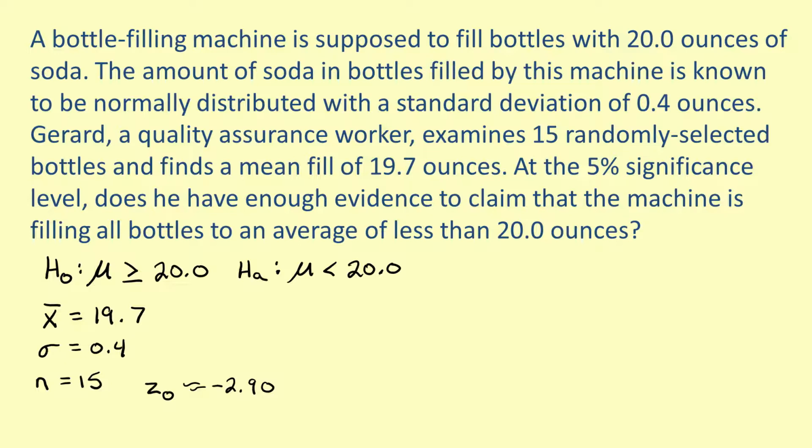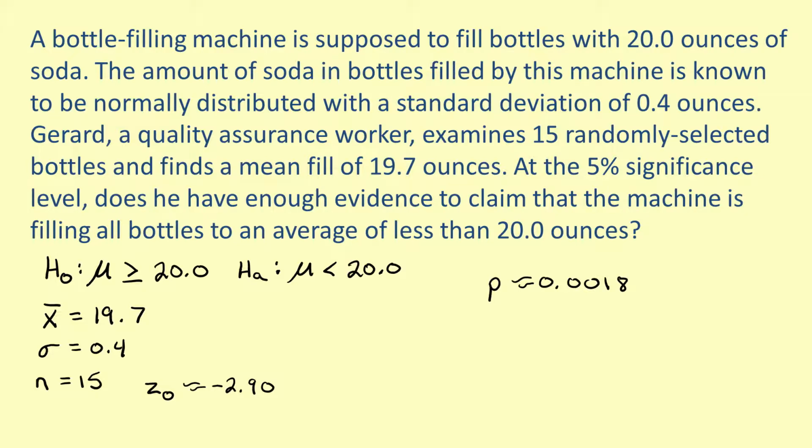Our alternative hypothesis is that mu is less than some value, so our test is a left-tailed test. This means that the p-value for our test is the probability of obtaining a test statistic that is less than or equal to our observed value. From a calculator or technology, or from a z-table, this gives us a p-value of approximately 0.0018.